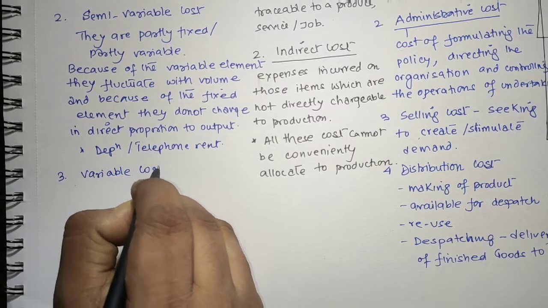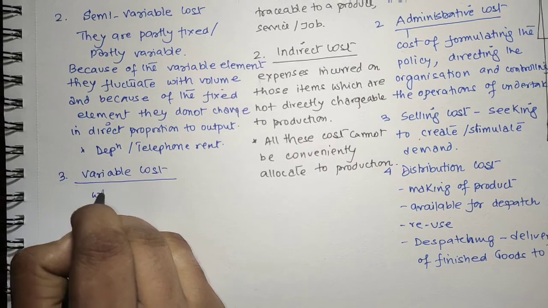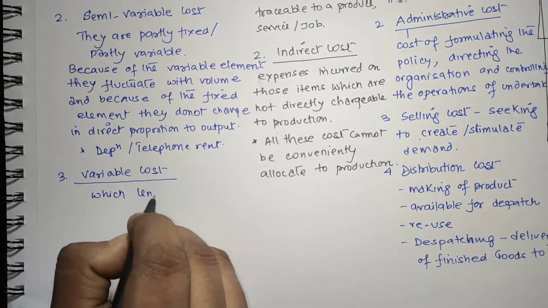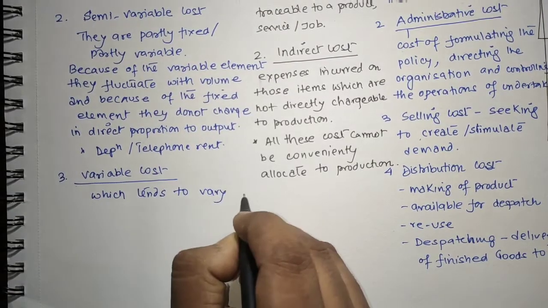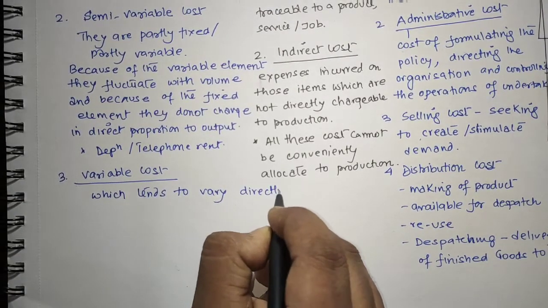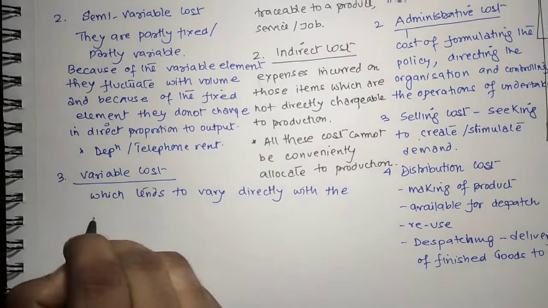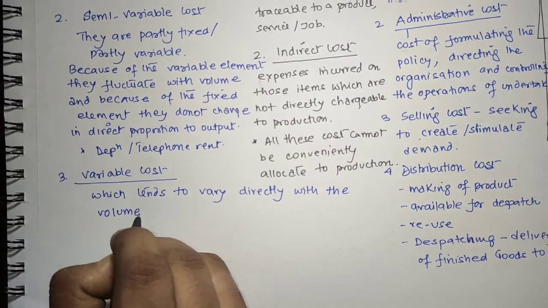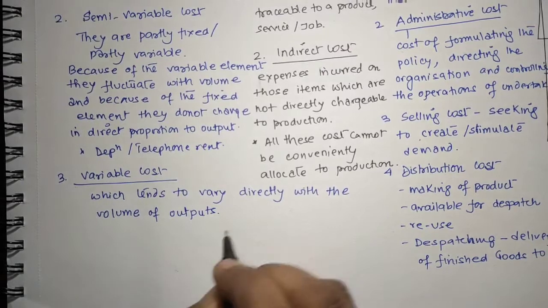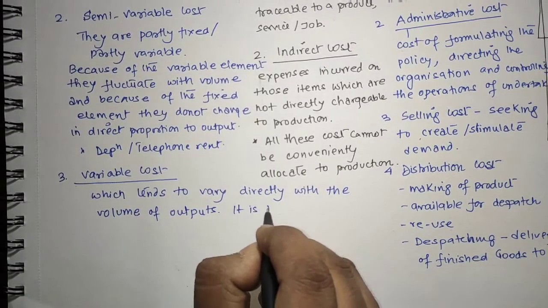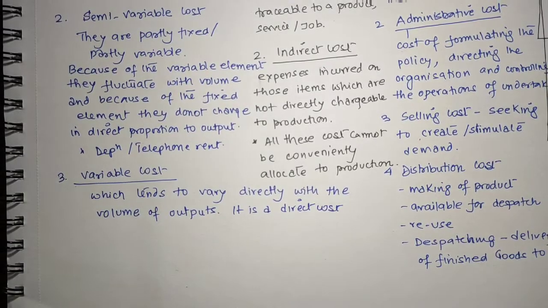And the last we have variable cost. Variable cost is the cost which tends to vary directly with the volume of output. It is a direct cost.